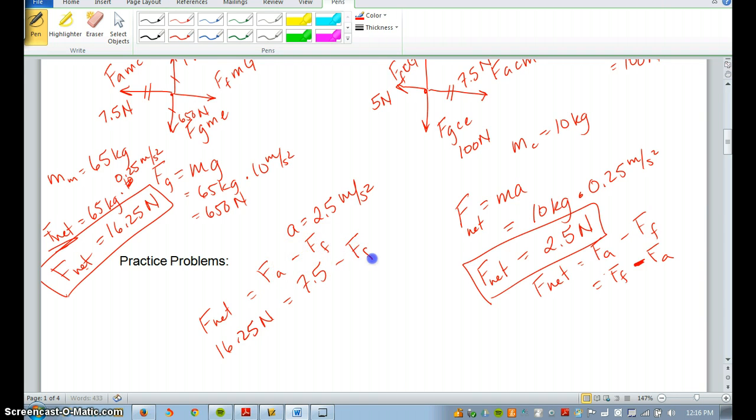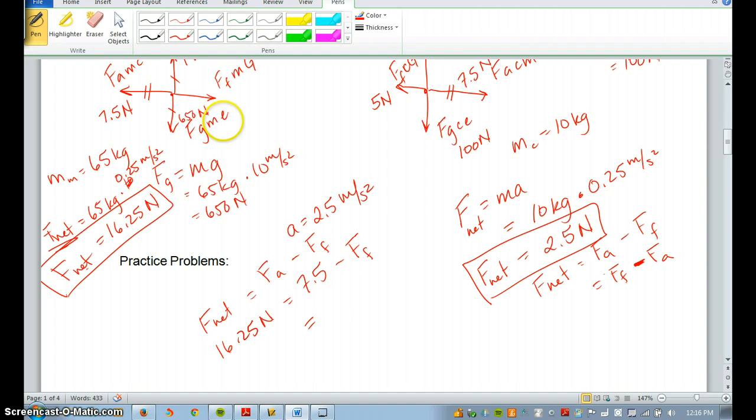And my frictional force has to be the difference. Remember, we're doing the absolute number. So in this case, my frictional force, if I do my calculations correctly, is going to be the difference between these. I should actually say the addition to them.